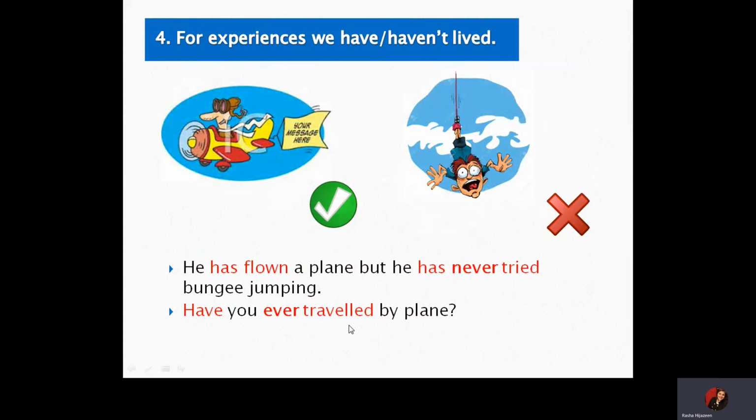Have you ever traveled by plane? Who can guess the time expressions? Yes, never and ever.